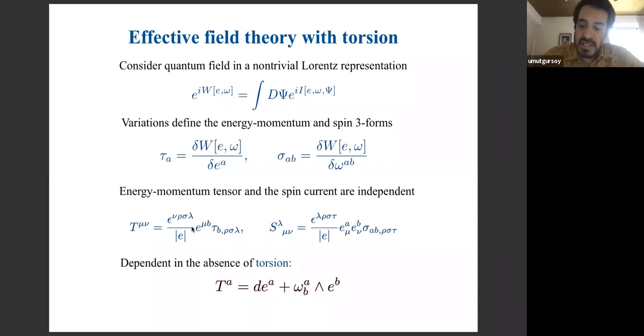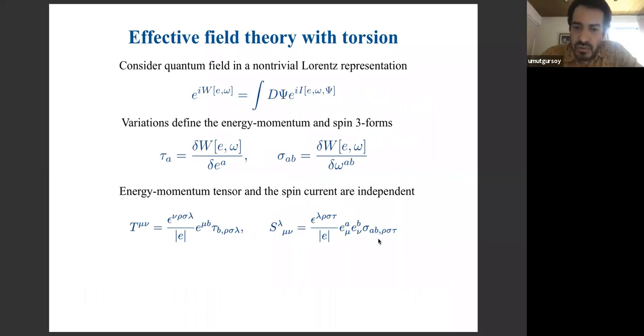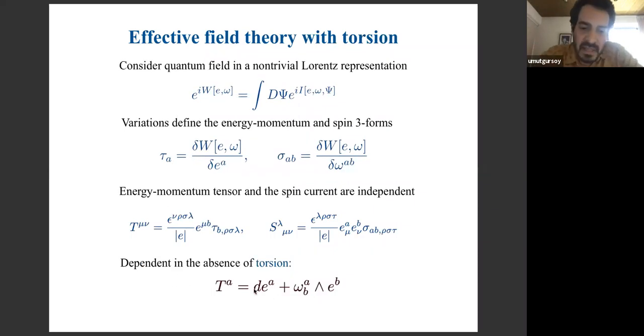But then essentially this particular combination arises, where phi is given by S in this language. You can easily see why: the moment that you demand that the torsion, which is essentially the covariant derivative of the vielbein with the spin connection as the gauge field, vanishes, which is typically what we do in quantum field theory, then the variations of the vielbein and the spin connection become connected.